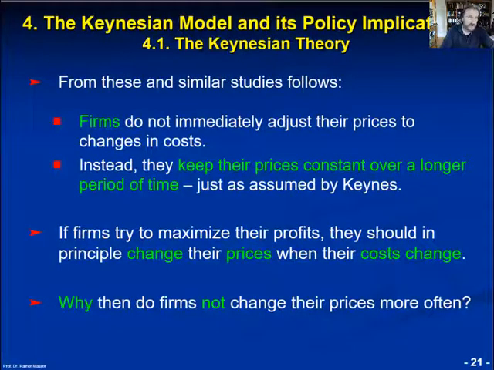From these and similar studies follows that firms do not immediately adjust their prices to changes in costs. Instead, they keep their prices constant over a longer period of time, just as assumed by Keynes. If firms try to maximize their profits, they should, in principle, change their prices when their costs change.